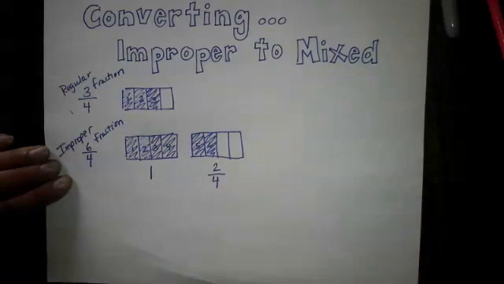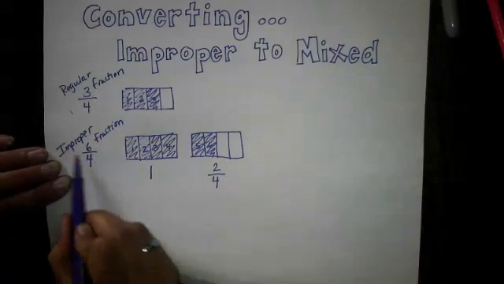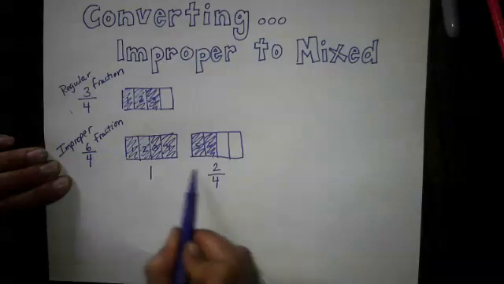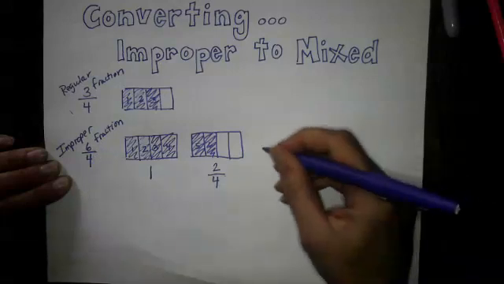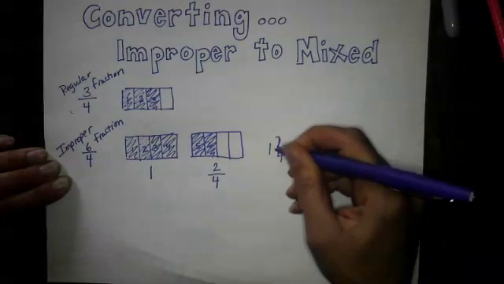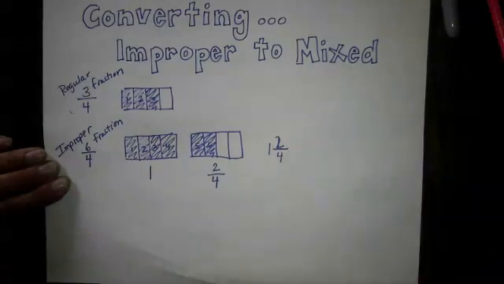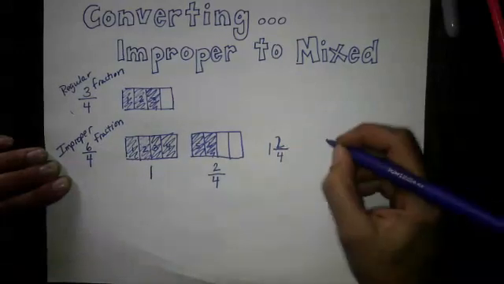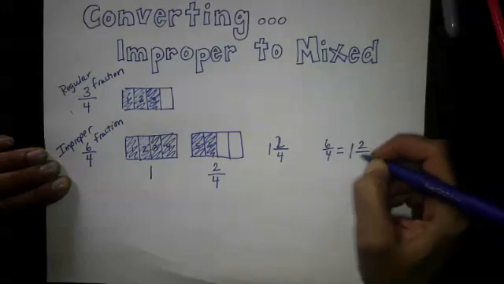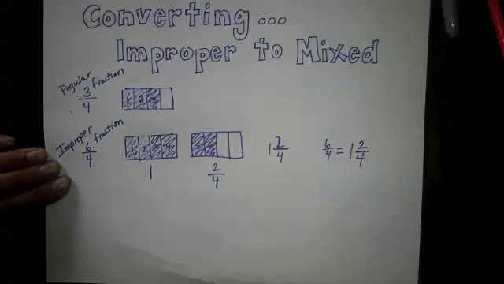So if I convert 6/4, the improper fraction, into a mixed number, I'll take these 2 things I wrote here and I get 1 2/4 for my mixed number. So 6/4 is equal to 1 2/4.